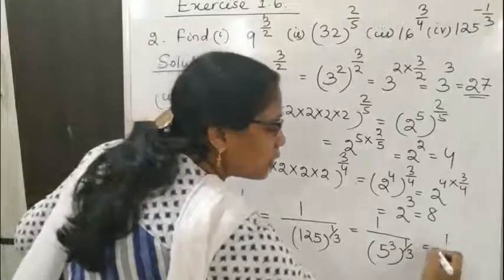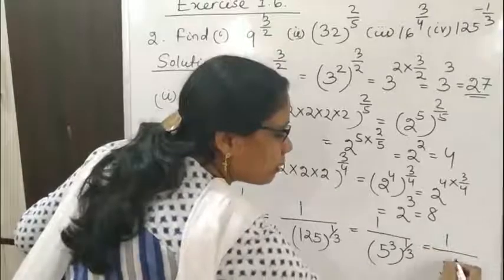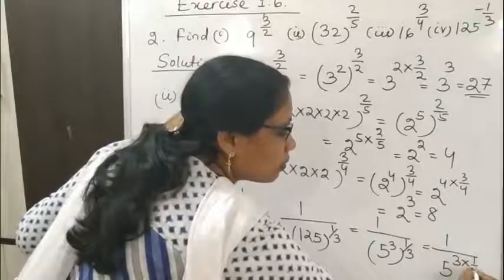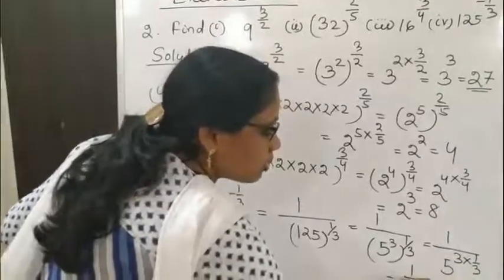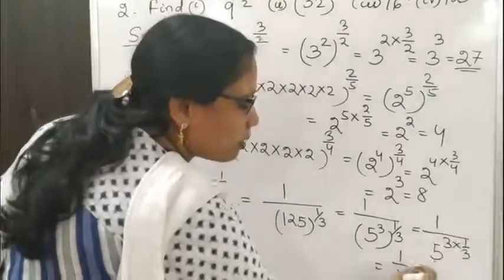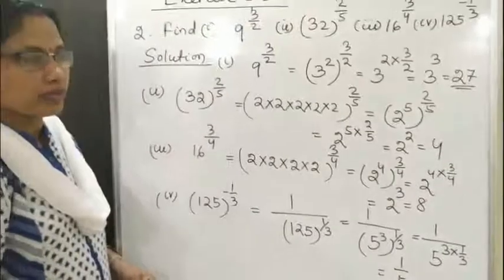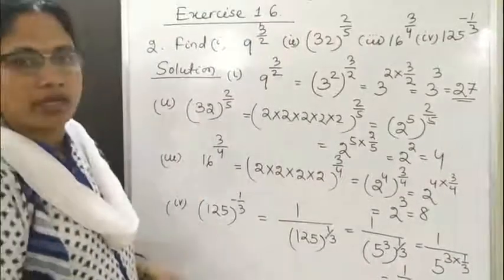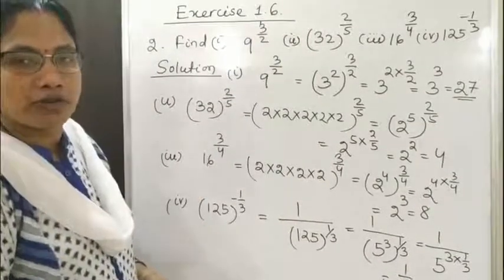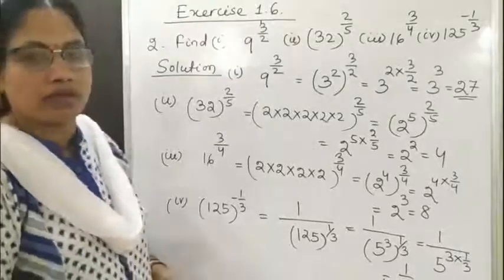So this is equal to 1 by 5 to the power 3 into 1 by 3. So this is equal to 1 by 5 to the power 1, that is 5. So the answer is 1 by 5. So in this way you can apply the laws of exponents to find the values.